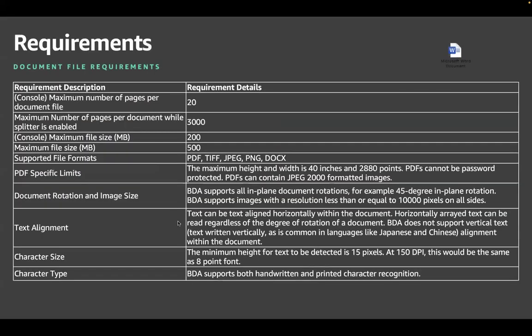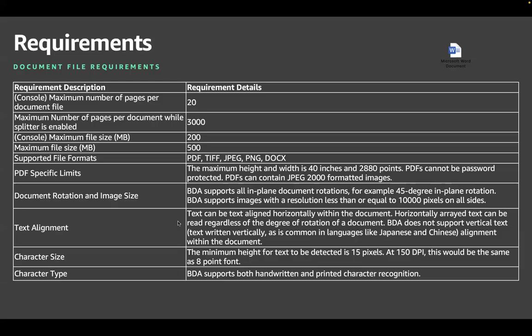And lastly, I just wanted to share with you some requirements or constraints. When we were going through the console, that was just to test or to run a POC, so it's limited by how the web console is. The maximum number of pages per document is only 20 when you are using the console. But when you are building a real application, you'll be using the APIs, so the maximum is 3,000 pages per document.